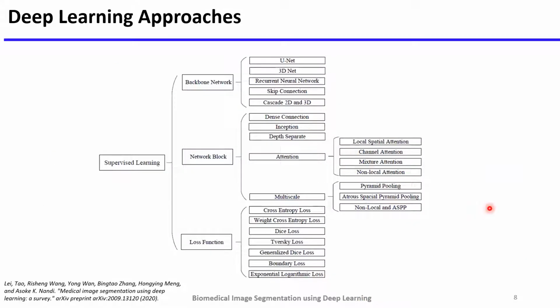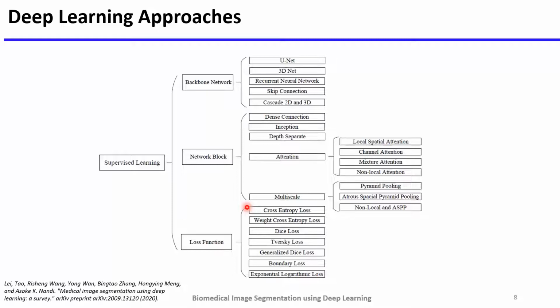Coming to the possible deep learning approaches, we may divide machine learning approaches into three types: supervised learning, unsupervised learning, and semi-supervised, or weakly supervised, learning. Coming to supervised learning, in deep learning approaches we may have a backbone network along with network blocks, layers, and loss functions.